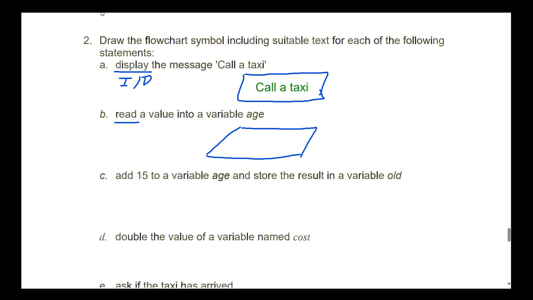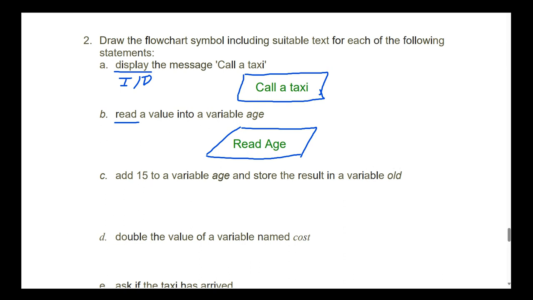Bear with me with these tools, but we are getting the message. We're getting the essence and understanding of it. So it's an input, and we would put read age. All right. Add 15 to a variable age and store the result in a variable old.